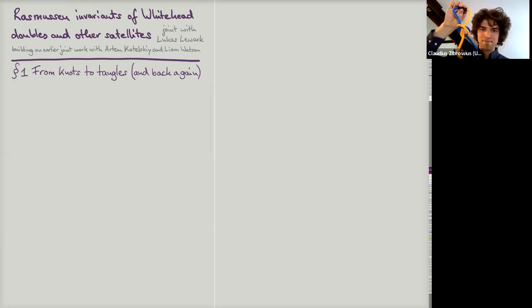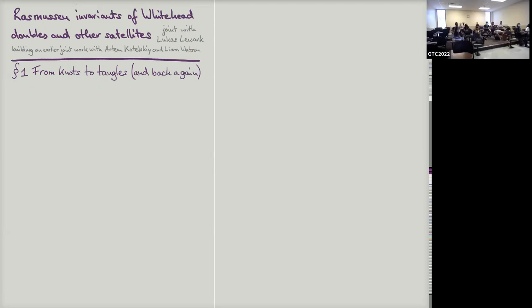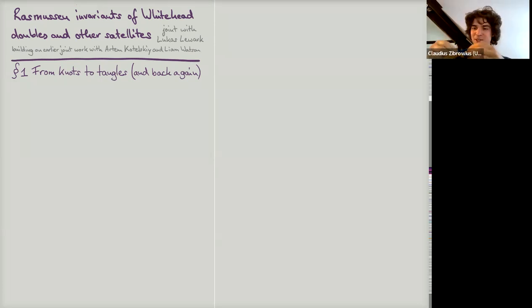Which one is it? Would anyone like to guess? The unknot. Very good, talking to an audience of knot theorists. I can prove this to you by simply unknotting these two strands. So that's one interesting property of this 2-2 tangle, also known as a Conway tangle, obtained by doubling a knot.